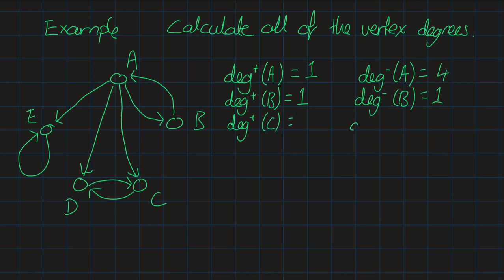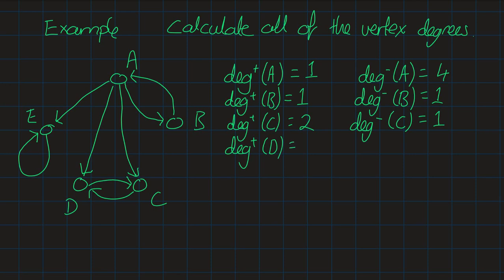The in degree of C and the out degree of C. So the number of arrows going into C, I see 1, 2. And the number of arrows going out, I just see 1. So this is 2, 1.